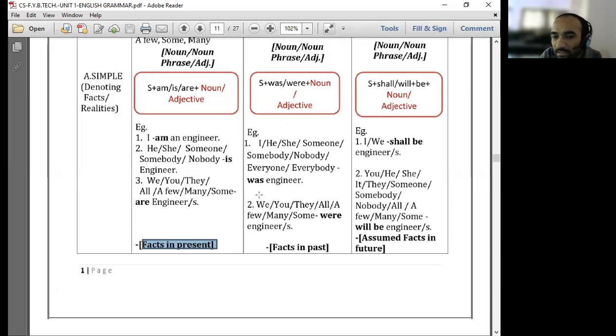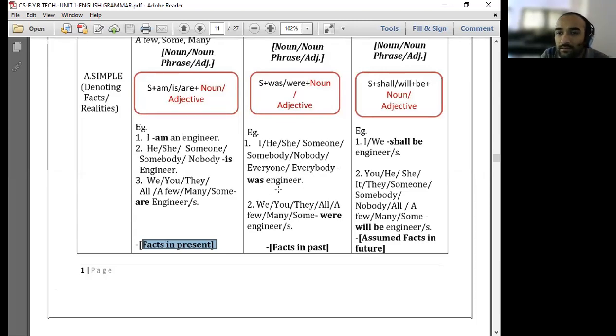Somebody was engineer. Nobody was engineer. Everyone was engineer. Everybody was engineer. So we can use all these subjects.